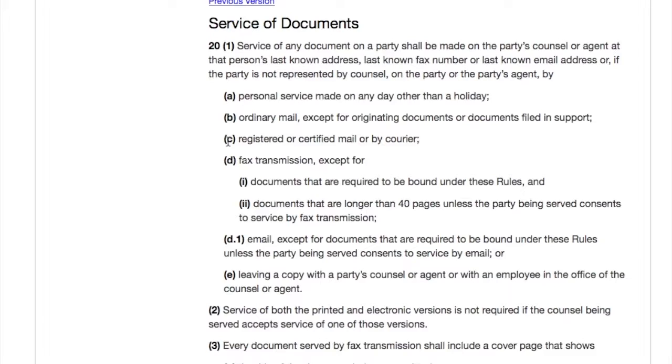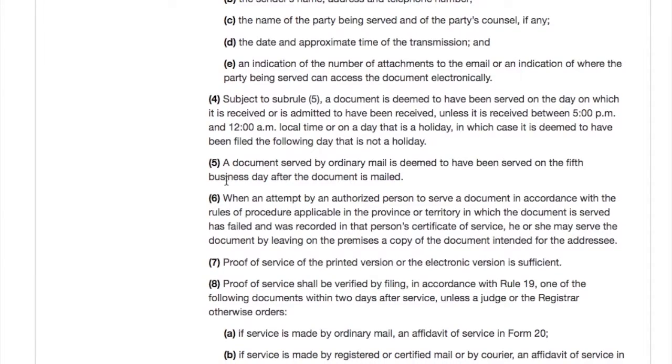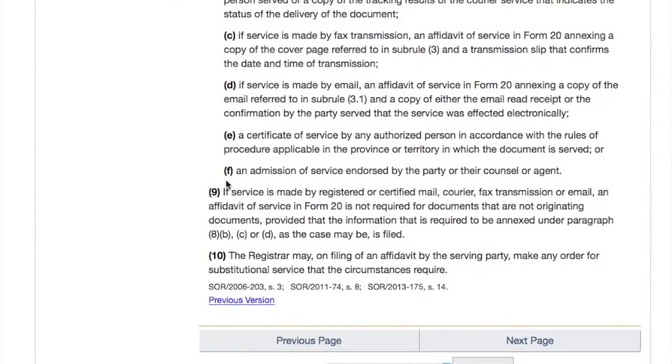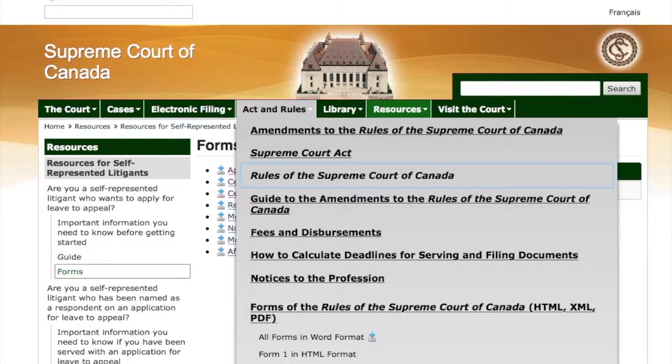So, 12-point typesetting is ideal. It specifies that it has to be clean white paper for the interior pages. There also are specific color coordination for the covers, and that's all stuff that you can find on the Supreme Court website just by poking around.